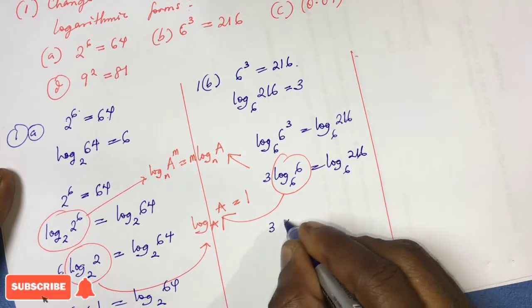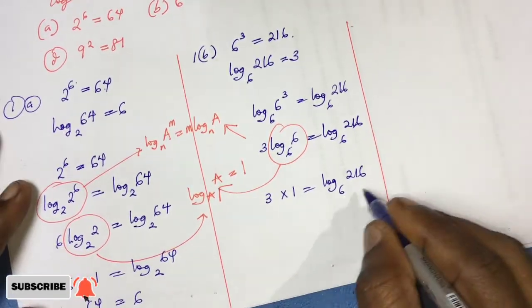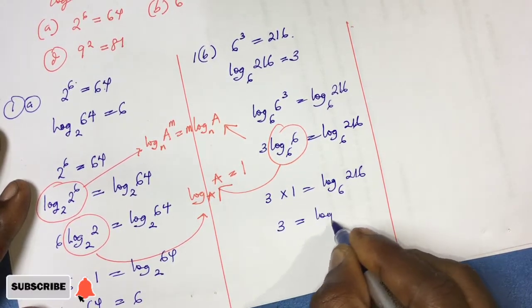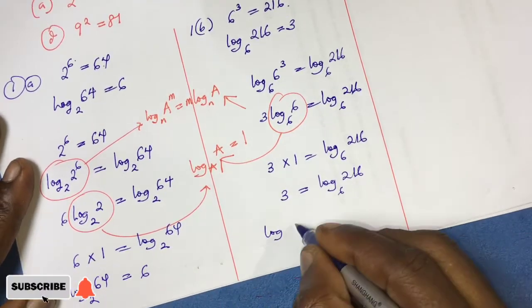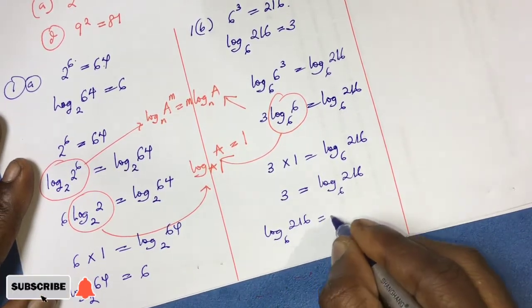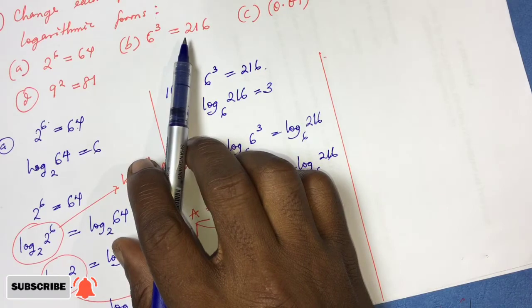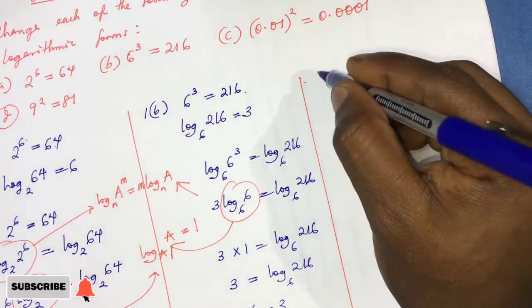So that will be 3 times 1 equals log 216 to base 6, and 3 times 1 is 3. That gives you log 216 to base 6 equals 3. Those are two ways of converting that number in index form to its corresponding logarithmic form. Now let's go to C.